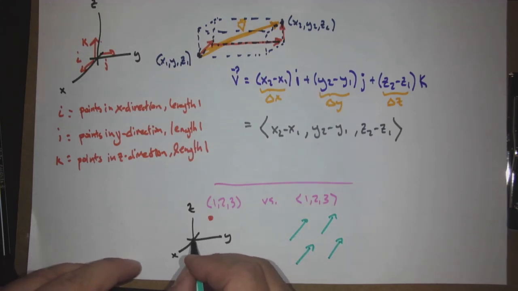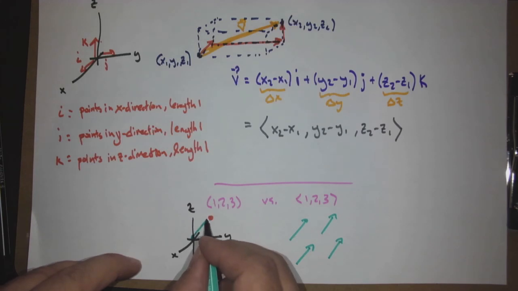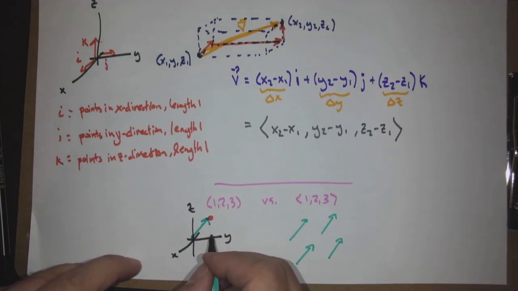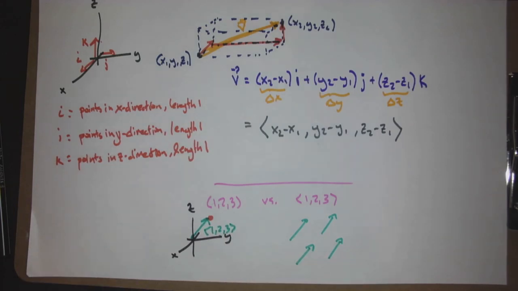If I start at the origin and I go out to the point (1, 2, 3), what vector comes out? The vector ⟨1, 2, 3⟩. So one way I can think of turning a point into a vector is to take the tail end of the vector and nail it down to the origin. And then I can get some connection.